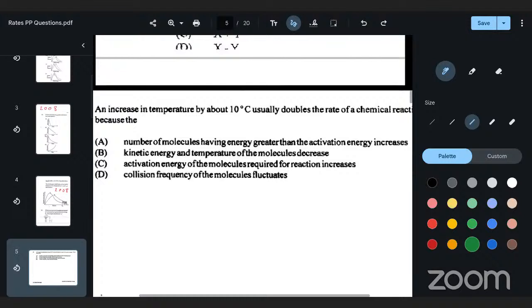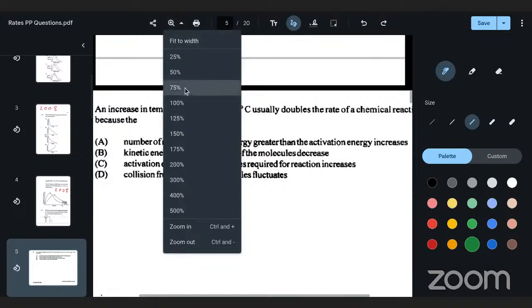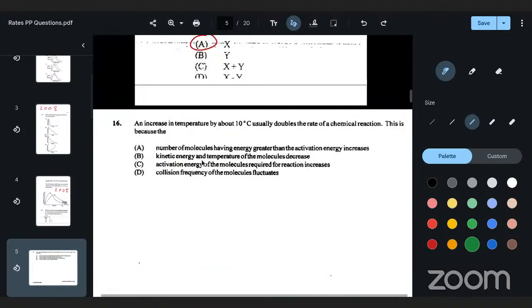Sir, can you zoom out a bit? Yes. Is that better? Yes, sir. A, sir. Yes, A is correct. Both of you are correct.